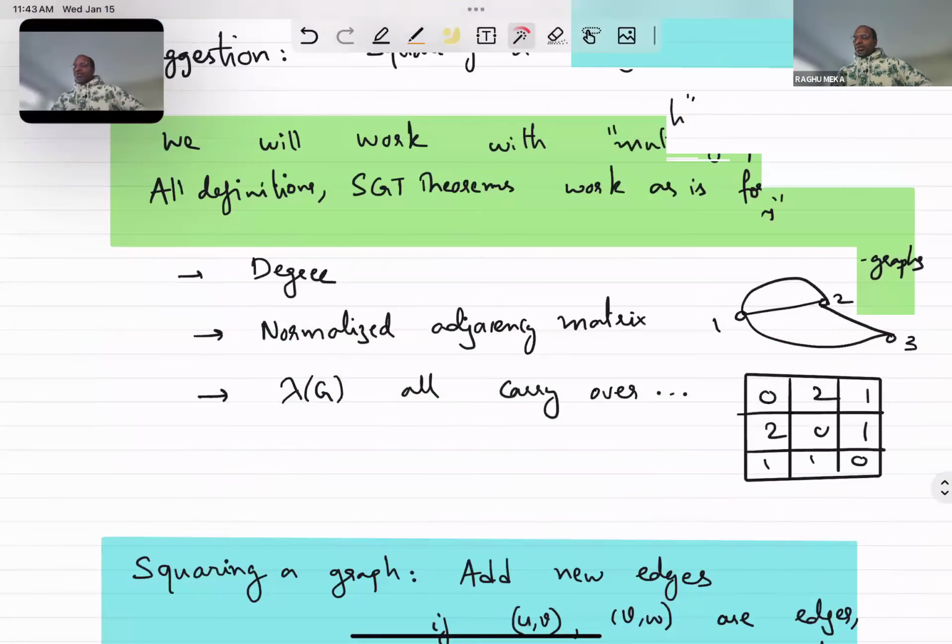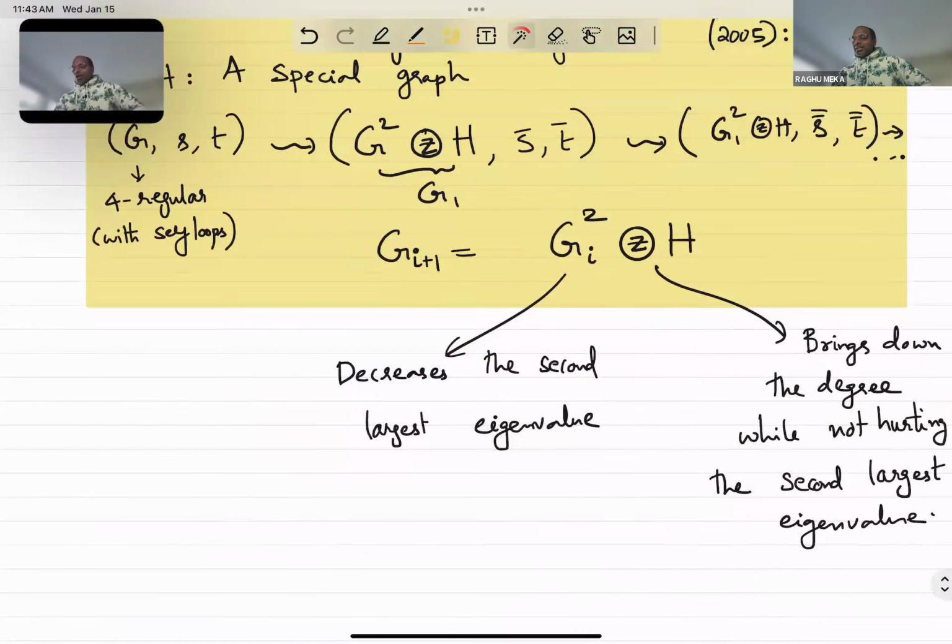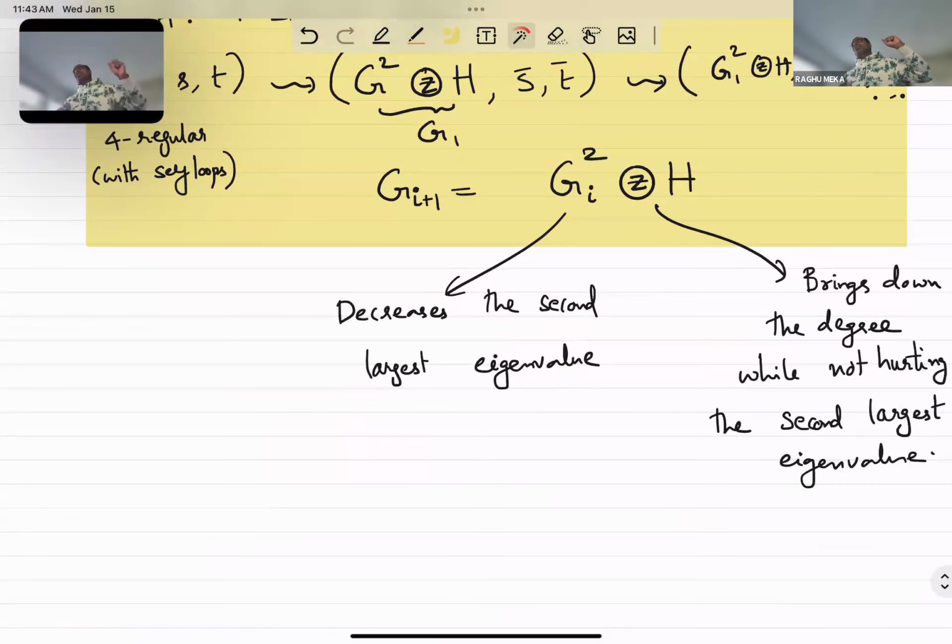So we have to do both. It almost sounds like alchemy because I did something to improve one parameter, but hurt the other. And now I'm going to do the other thing to undo that damage. And you need to make sure that in the end, you win out. Okay?